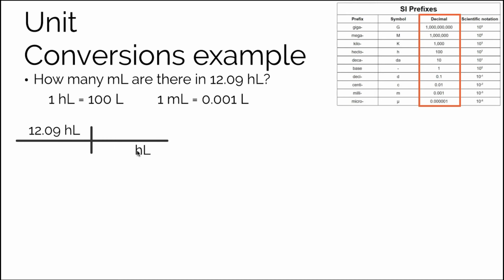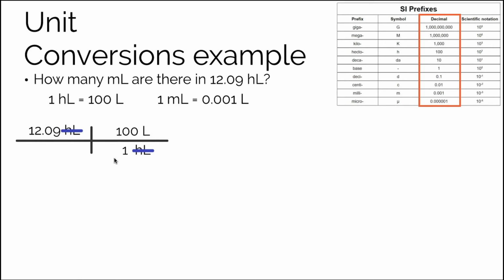All right, so now once you have the bottom right, you want to head back to your conversion factor and set it up in a way where you have hectoliters in the bottom. So in this case, we'll set 1 HL on the bottom is equal to 100 liters on the top. Step number 2 is to just cancel out the matching units. So you have hectoliter and hectoliter. These two will cancel out, and you will have liter left by itself on the top.